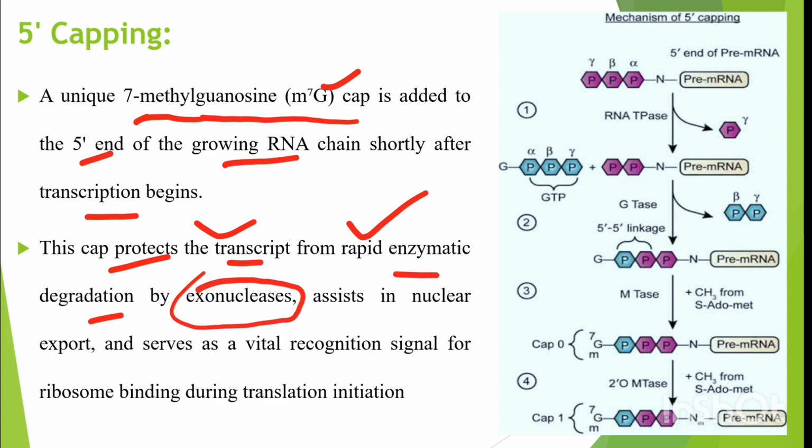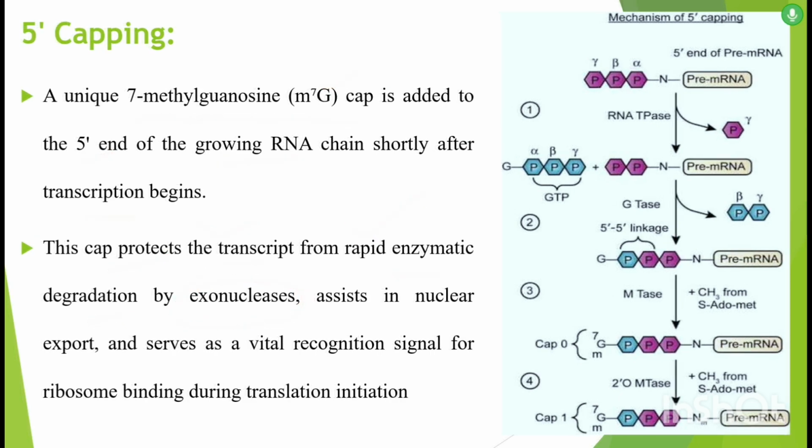So what is the role of exonuclease? It can cleave the RNA or DNA from the end, but endonuclease can cleave the DNA or RNA from any part. So this cap assists in nuclear export and serves as a vital recognition signal for ribosome binding during the initiation of translation.